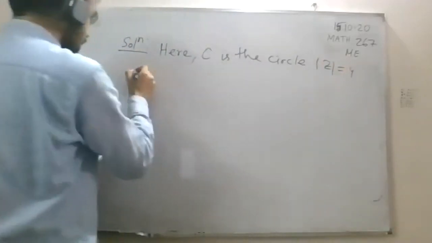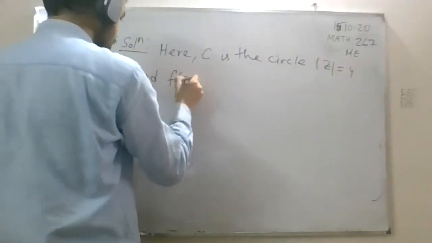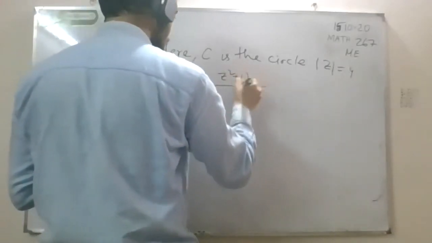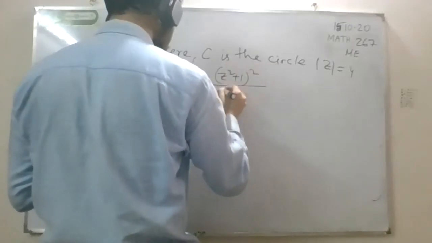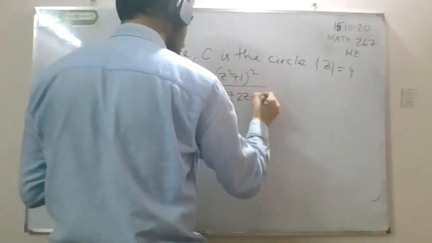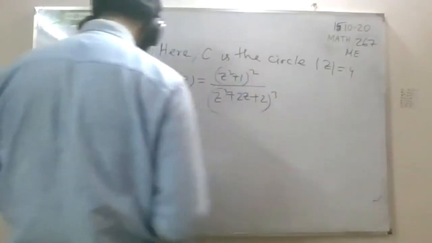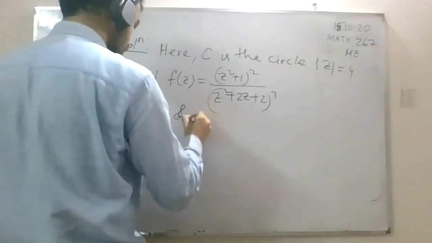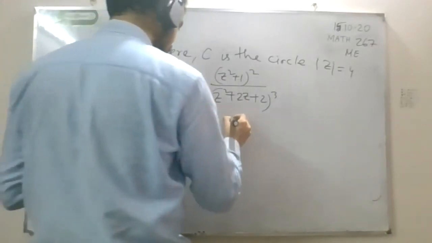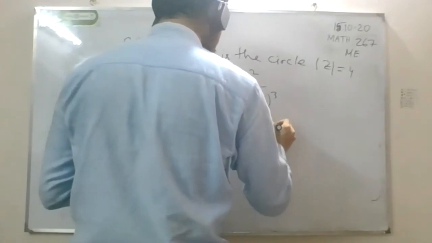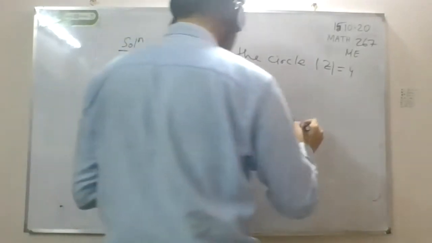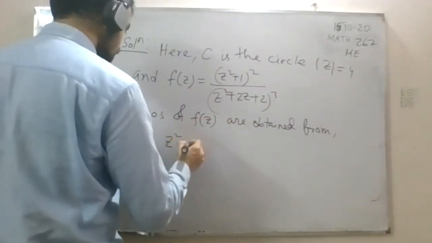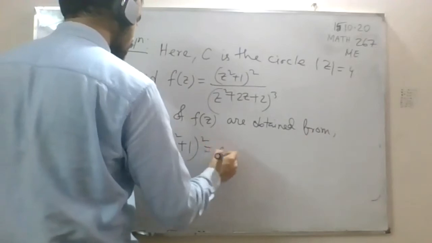So here C is the circle, and f z is z square plus 1 square and also z square plus 2z plus 2 here. So the zeros of f z from the denominator: z square plus 1 squared equals to 0.